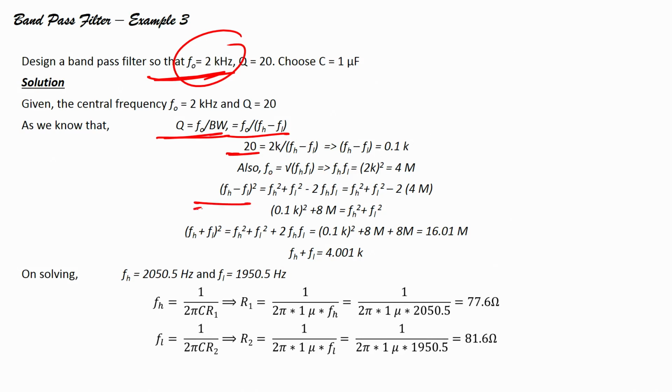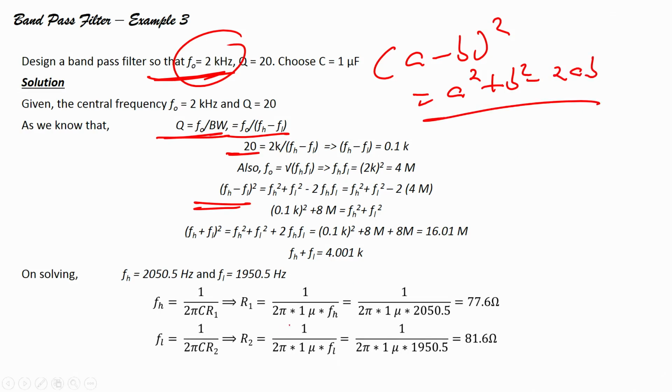A minus B whole squared equals A squared plus B squared minus 2AB. So this is FH squared plus FL squared minus 2 FH into FL, which is FH squared plus FL squared minus 2 times 4 M. When we substitute the values we will get this.